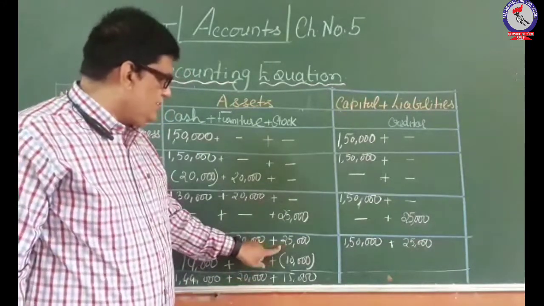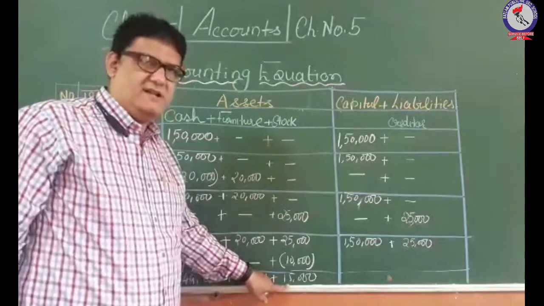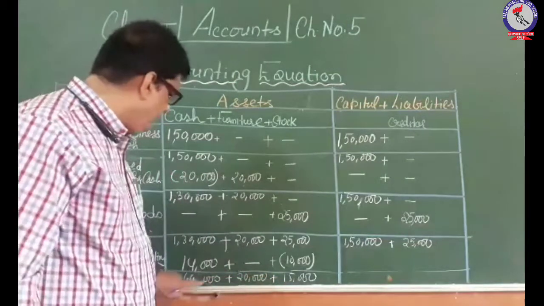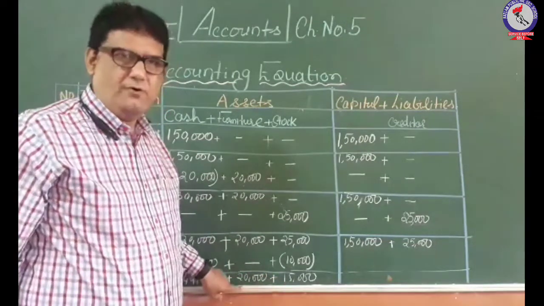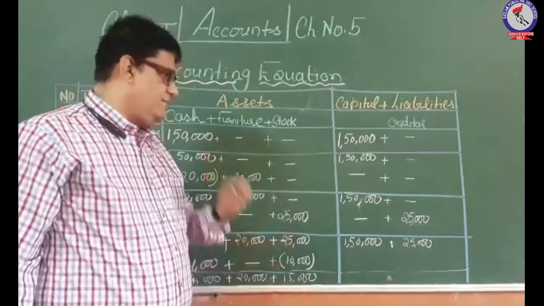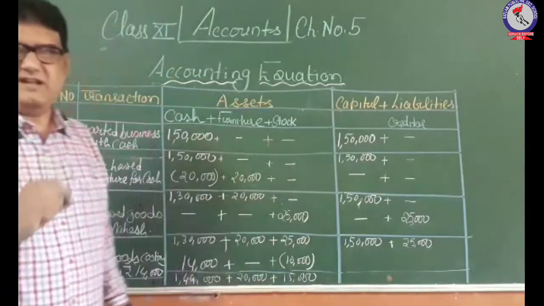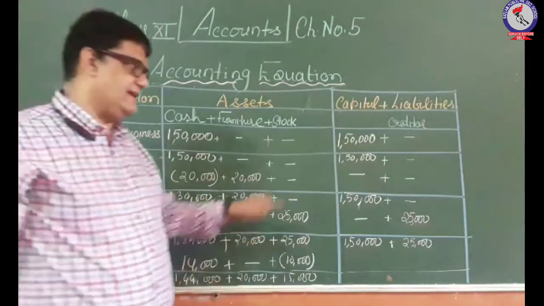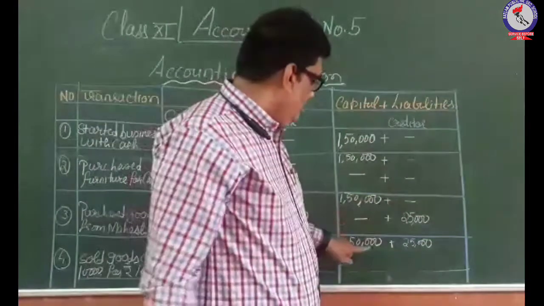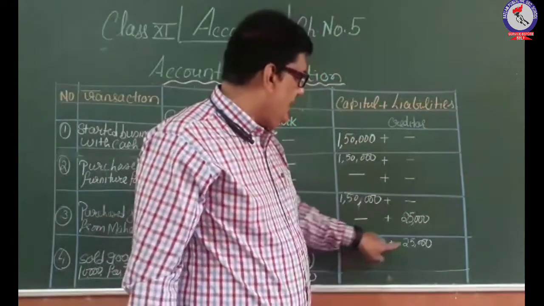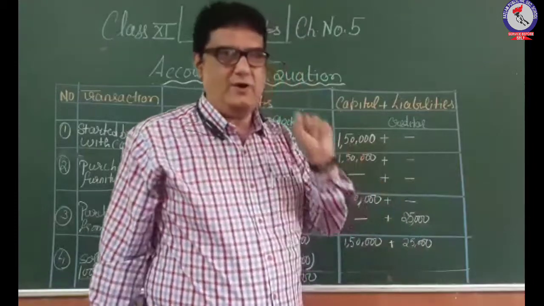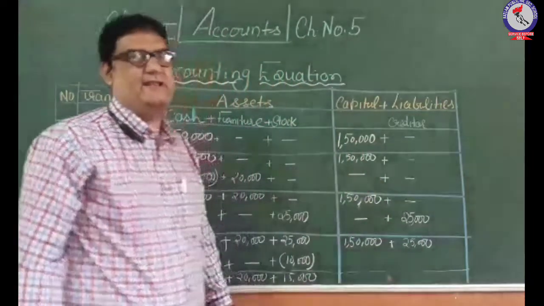And now your stock is remaining of 15,000. So 144 plus 20, 164 plus 15 becomes 1,79,000. And here 150 and 25. Up till now it is 175 only.